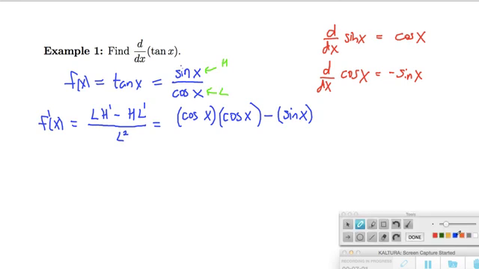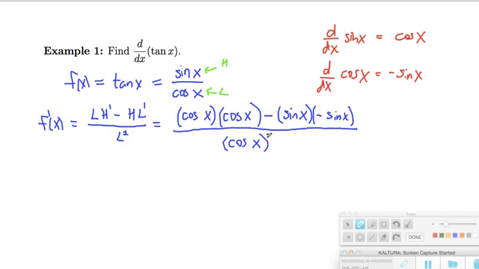So d low, or low prime, is where we multiply a negative sine of x. And all of this is actually over low squared, so cosine of x squared. So again, low d high minus high d low over low squared. Well, continuing on.